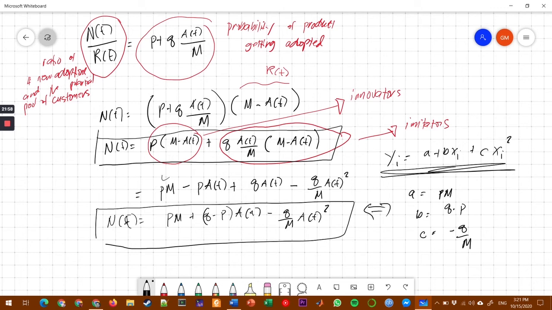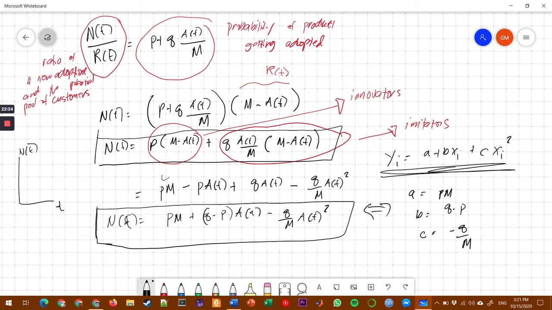Okay, so we can run this equation. This is now easy to program. You should be able to create a graph where this is time and this is N, adaptation. So what is the graph at time t, given that you introduce a coefficient q and a coefficient p?